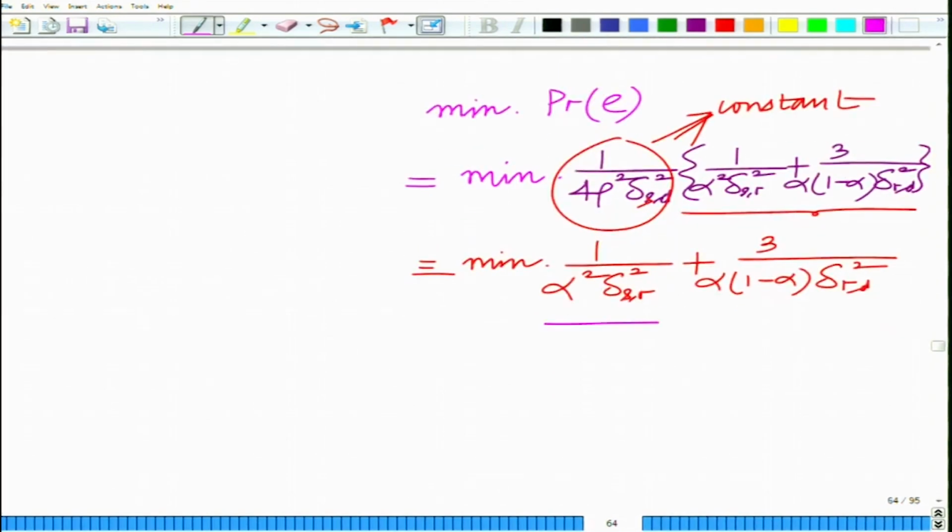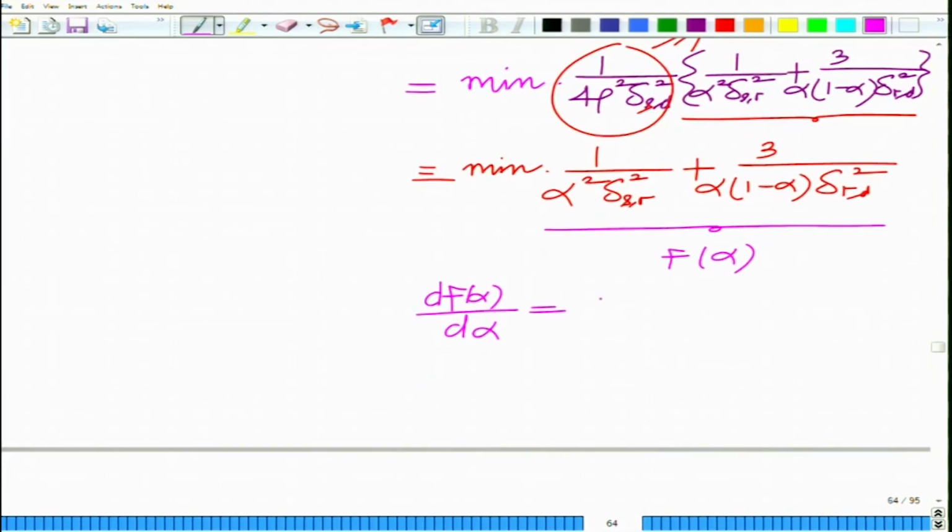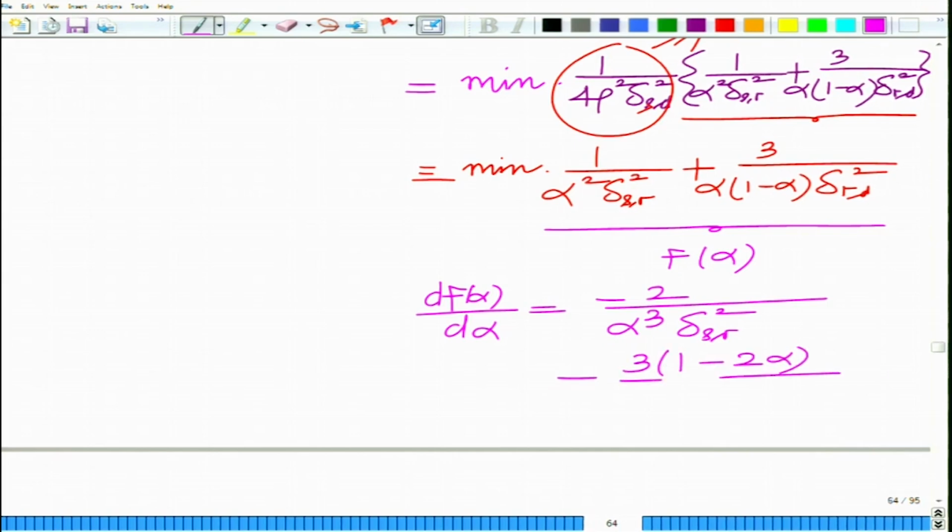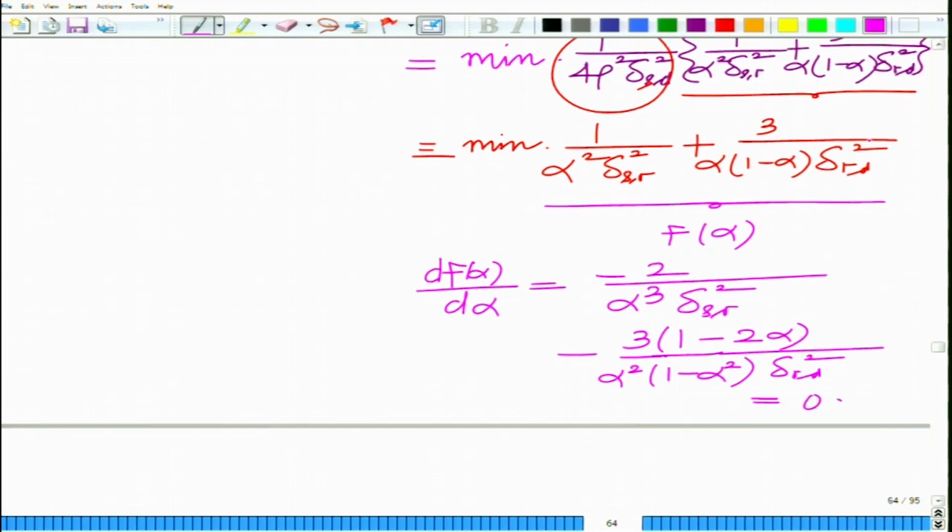Let us call this f of alpha. df of alpha over d alpha is equal to minus 2 over alpha cube delta SR square minus 3 (1 minus 2 alpha) by alpha square (1 minus alpha) square delta RD square. Now equate to 0 to find the optimal value.